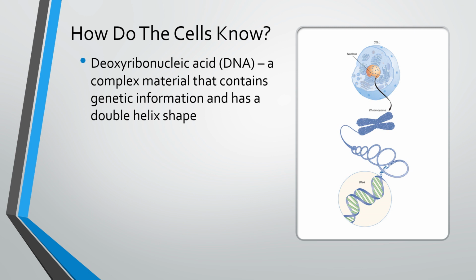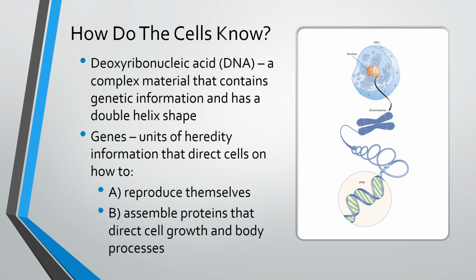This complex material is actually the code for all of the cells in our body. That gives it a lot of information. Partially, it tells these cells how to reproduce themselves, but it also tells them lots of additional information. That additional information is found within the DNA that we have.